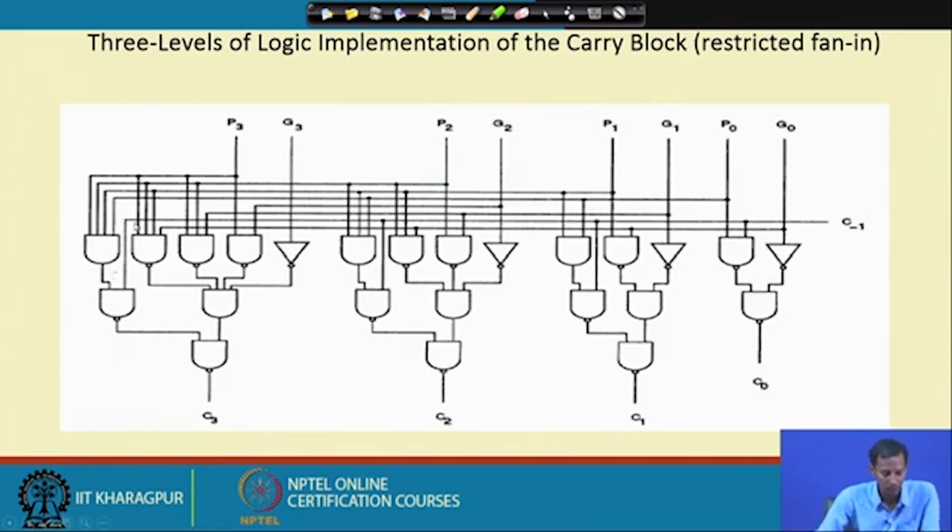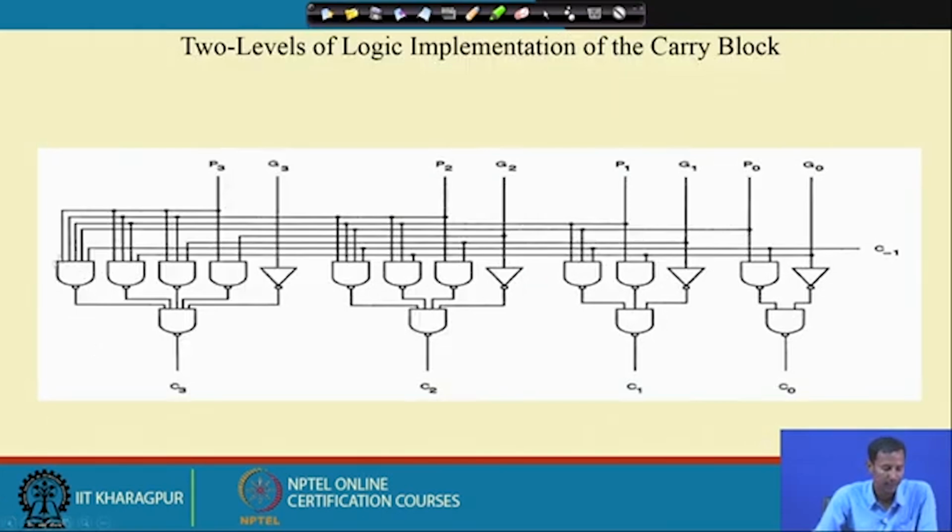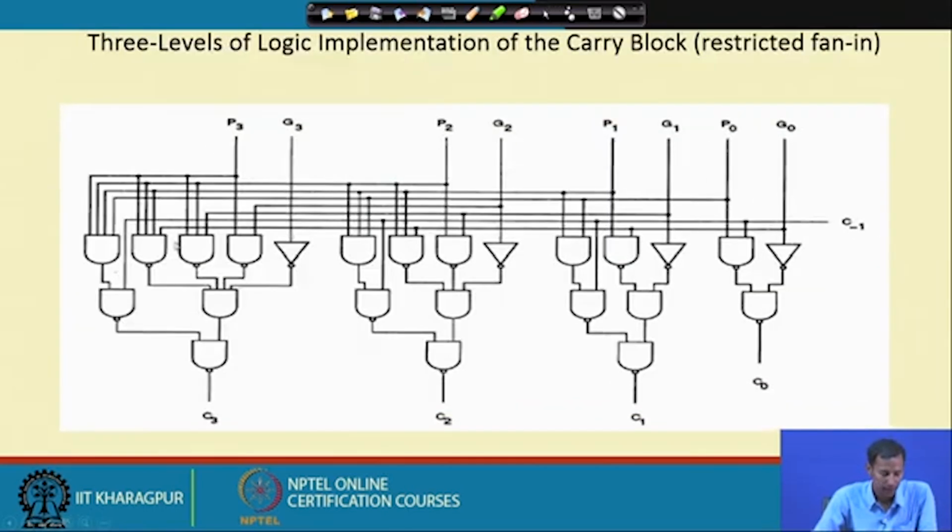In the same circuit, there was a 5 input gate, and if I restrict the fan in to 4, I need one AND gate which does this 4, and then another one where I consider the 5th input.